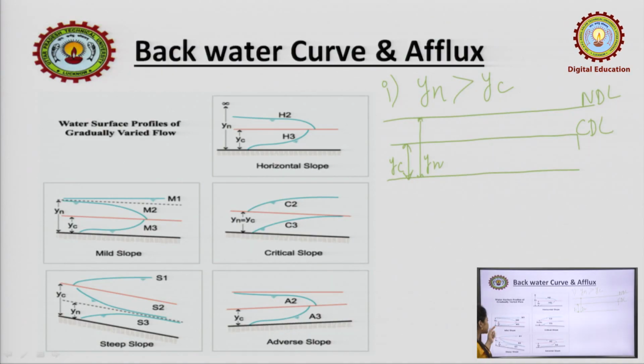Similarly, you can see this. The red one is the CDL, critical depth line, and the dotted one is the NDL, normal depth line. Further, we will be categorizing and studying the M1, M2, M3 formations in our next video. Basically, first we need to study the relationship between Yn and Yc.